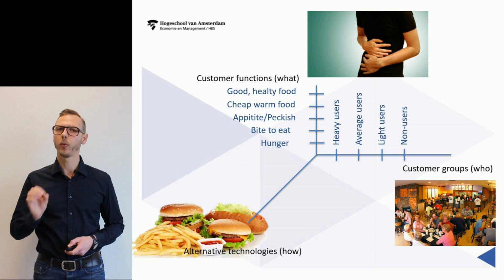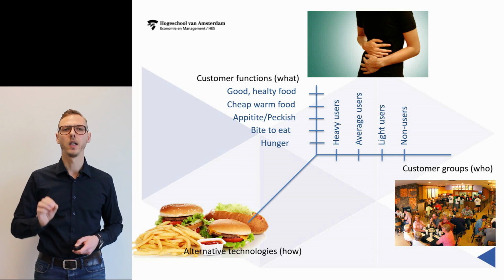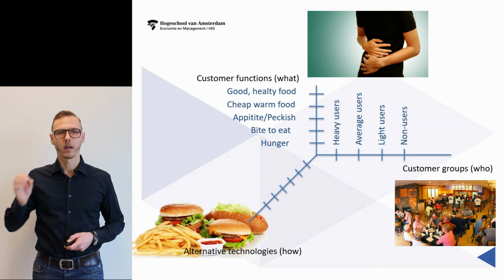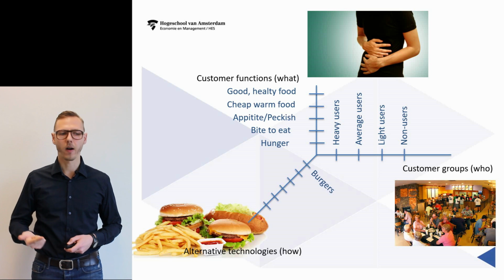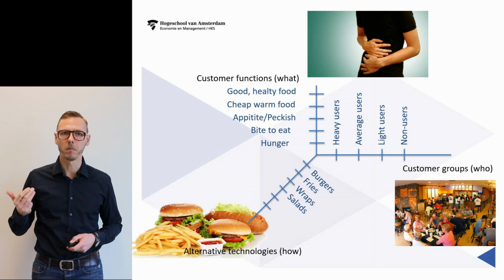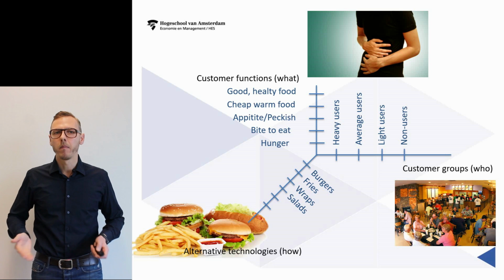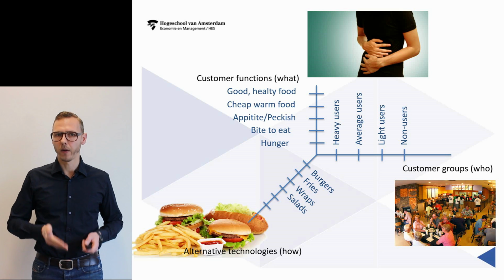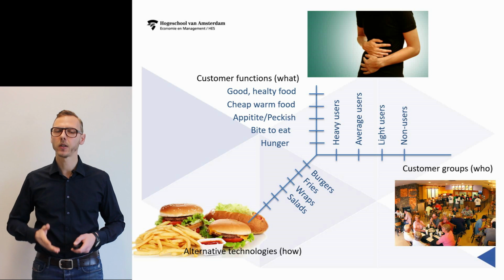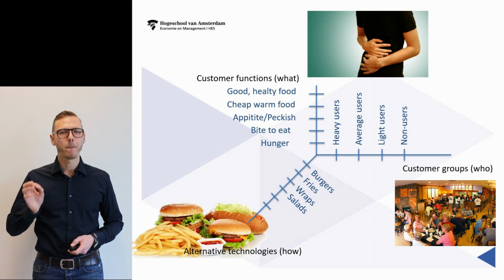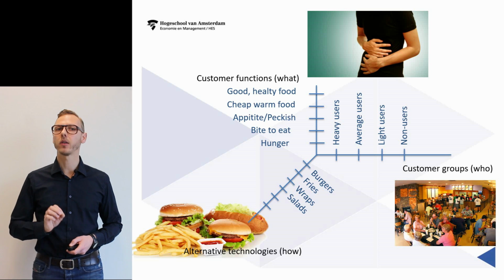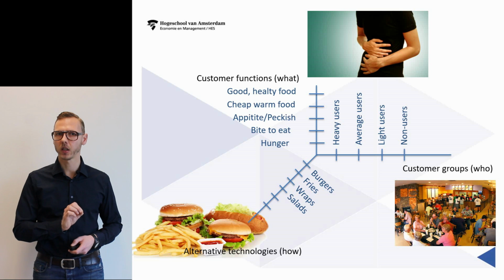In several ways. If we look at it product-wise, you could think of it as that we have burgers, we have fries, we have wraps, maybe we have salads. And these are the main products that a fast food restaurant of your choice has. But others, as I mentioned earlier, competition is on this axis as well.